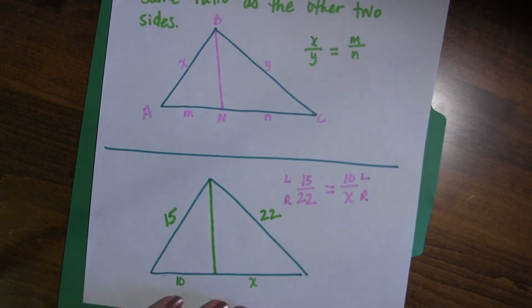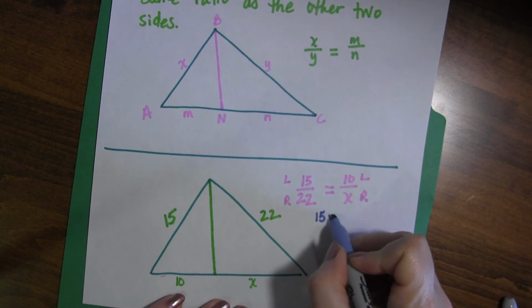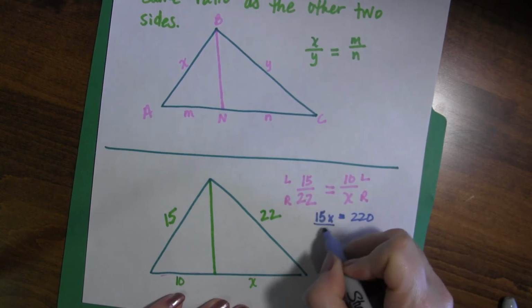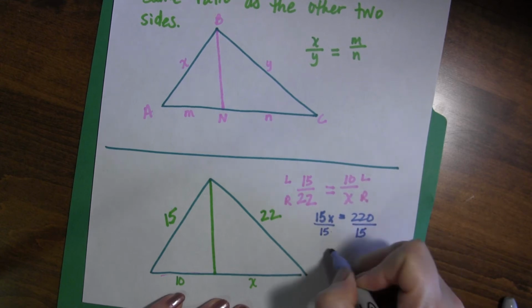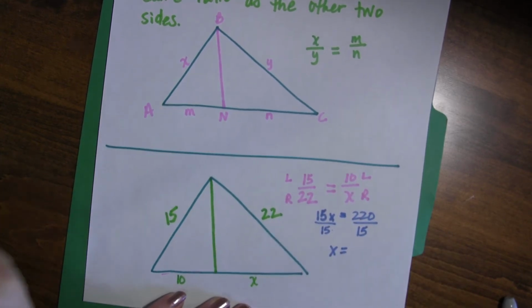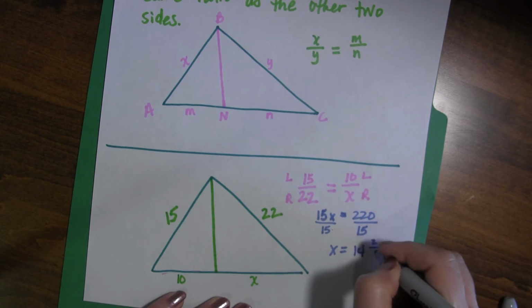All right, let's see if we can do this math. So this is going to be 15x, because we're going to cross multiply, equals 22 times 10, which is 220. I divide both sides by 15, and I really hope I get a nice normal number. Let's see what I get. I get 220 divided by 15 equals, of course, not a nice number. I get 14 2/3, right?